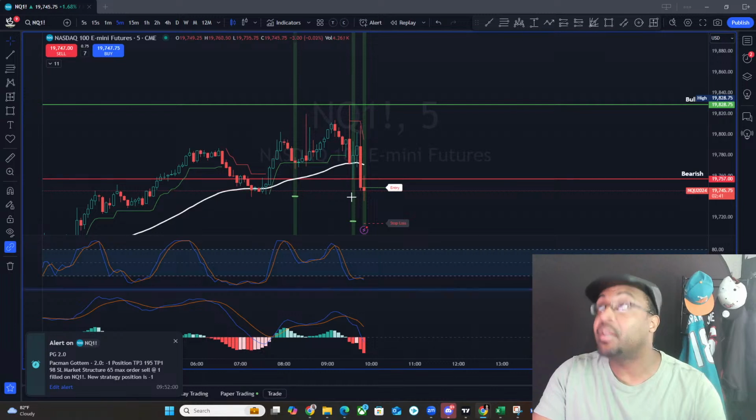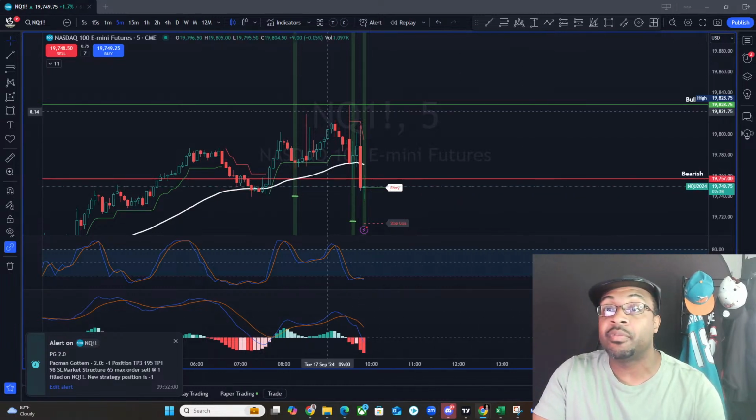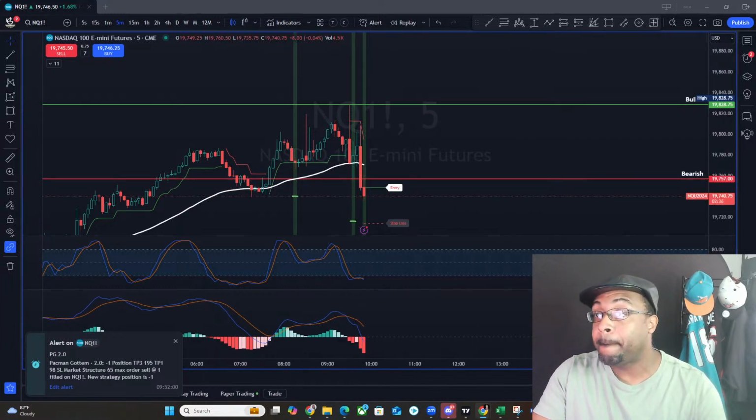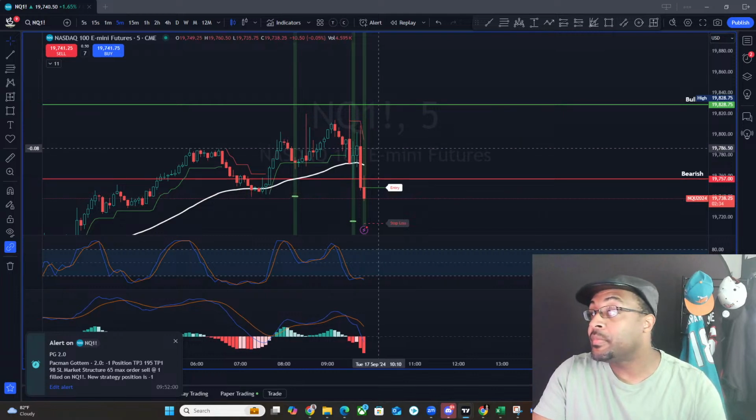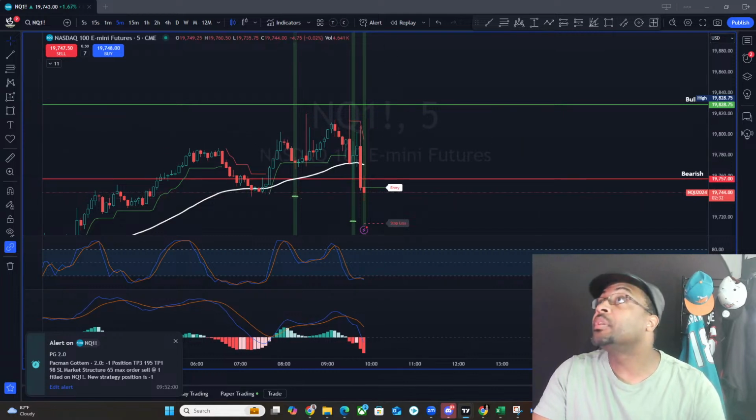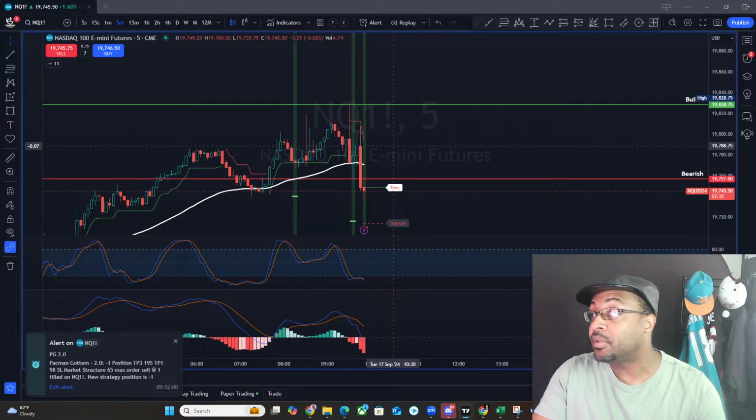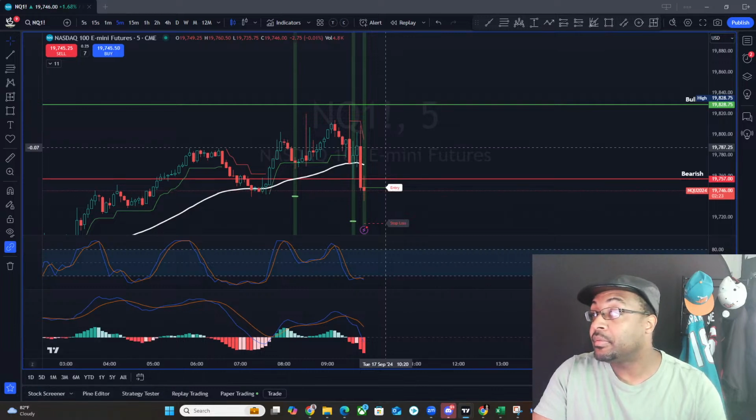I'm thinking we got a nice little rejection off this wick. We'll see what happens there. Let's see if we can make some lower lows along the lines, if we can get a solid break below and some breakouts.